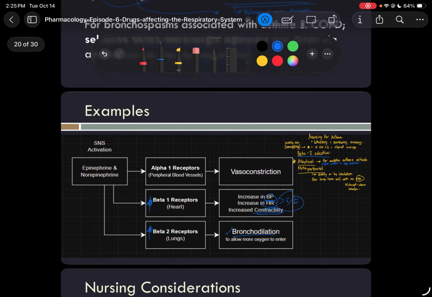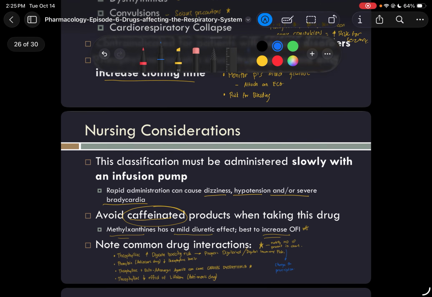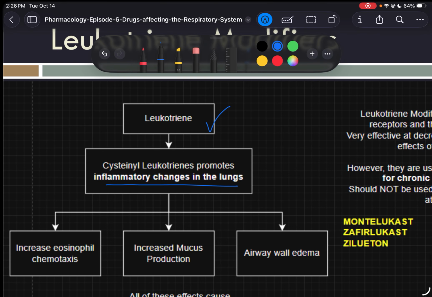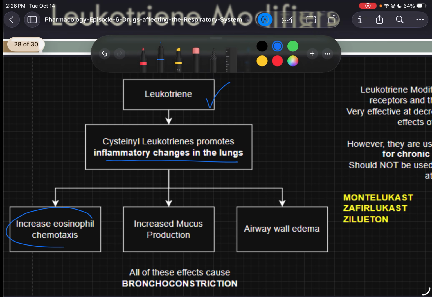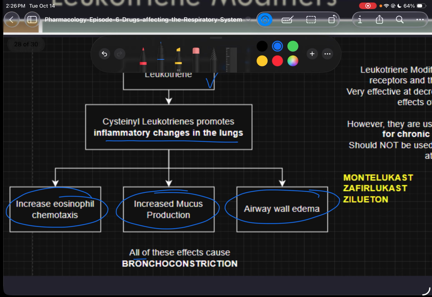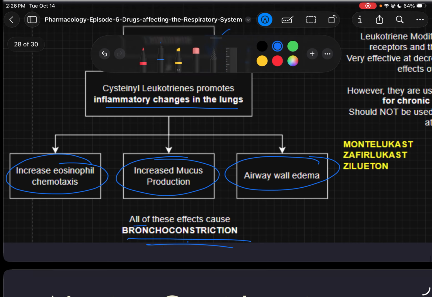Once they are released, they promote inflammatory changes. This will cause increased eosinophil chemotaxis, increased mucus production, and airway edema. All of these effects cause bronchoconstriction, which is the main problem in asthma. Put a big star on that.